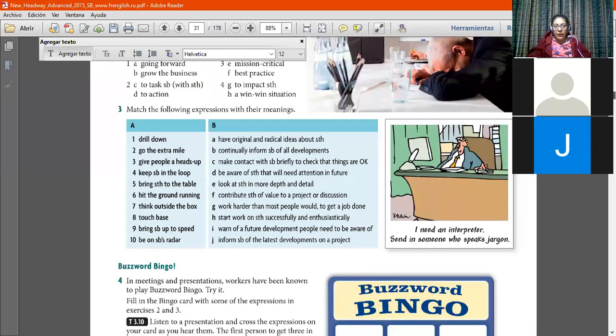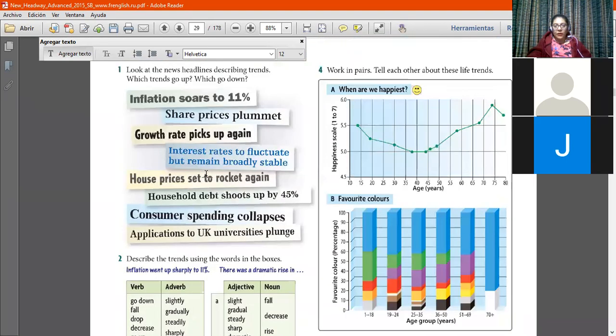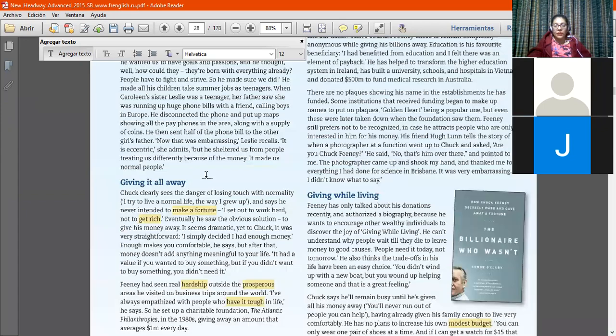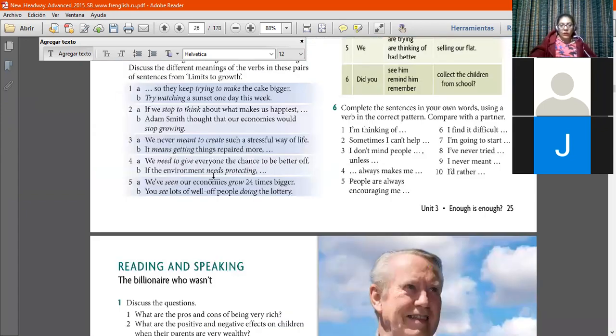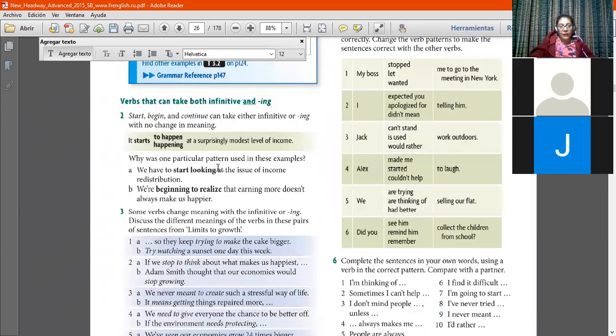This part. Okay. We are still here. Woohoo, they're long. And we have page 25, exercise 2, verbs that can take both infinitive and ing. Ya que puede tomar ambos. So we have the first one that is an example. It says, start, begin.